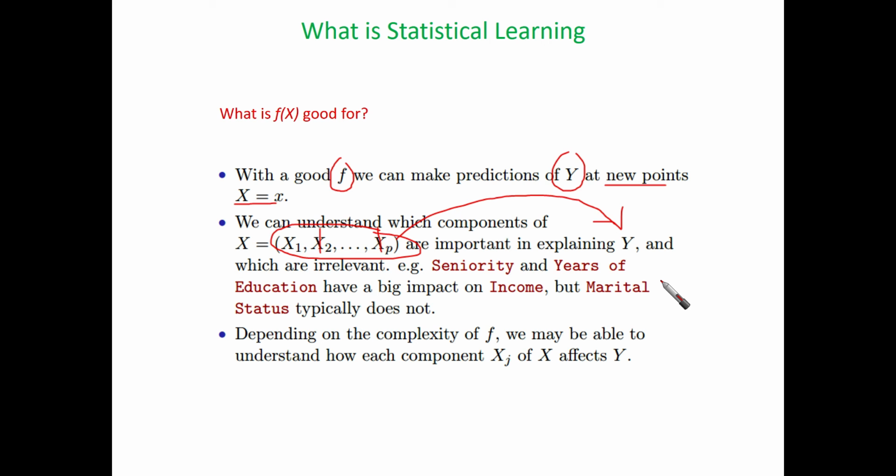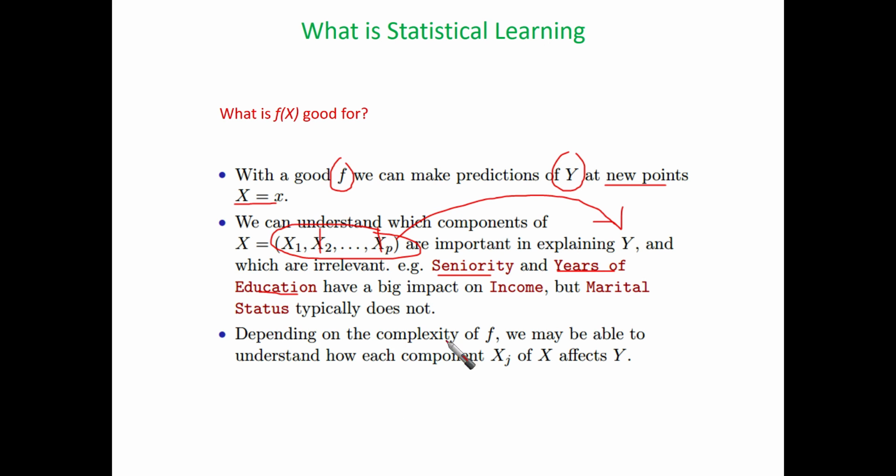For example, if we think about the income of individuals, maybe seniority plays a role, and how many years of education this person has might also have impact. But maybe his or her marital status doesn't matter. So that is the idea.